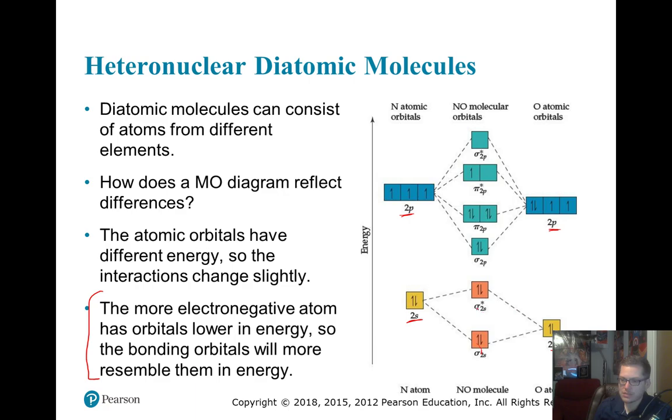That means this energy level of your bonding orbital is going to be closer in energy to your more electronegative element, and your anti-bonding orbital is going to be closer in energy to the less electronegative element. That just makes sense, right? This one is closer to this than this is to this. This line segment is shorter. Essentially, that affects some characteristics of the bond, sometimes the shape of it, and changes lots of different things.